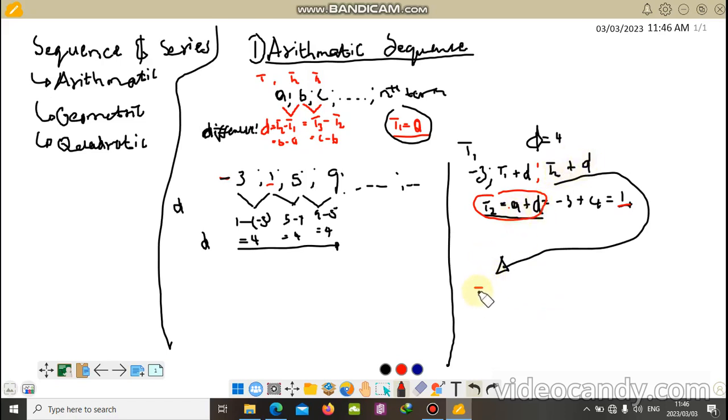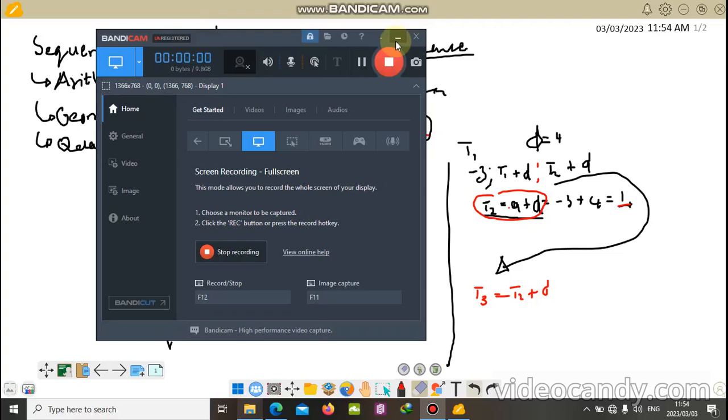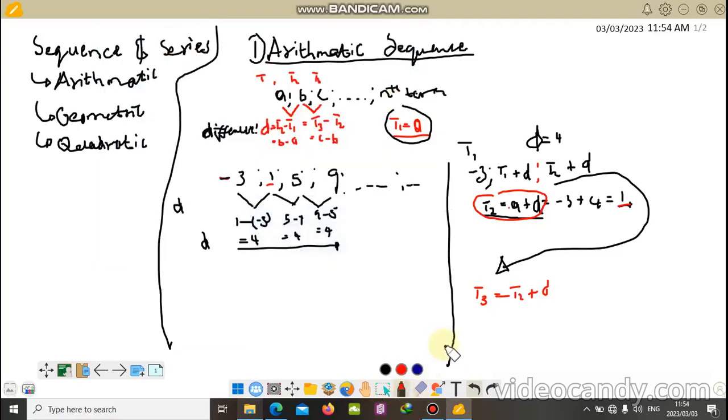So term 3 is simply term 2 plus D, and term 2 is A plus D, and then I'm adding that plus D. So this gives us A plus 2D.